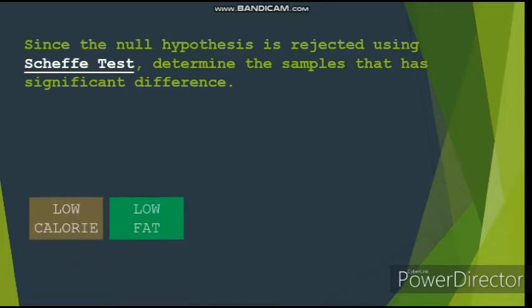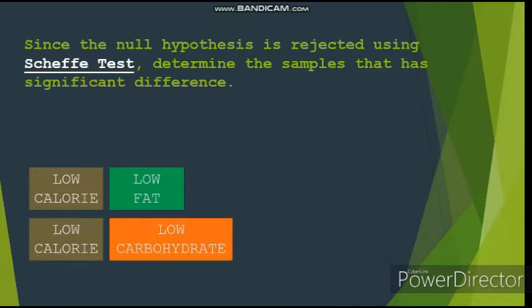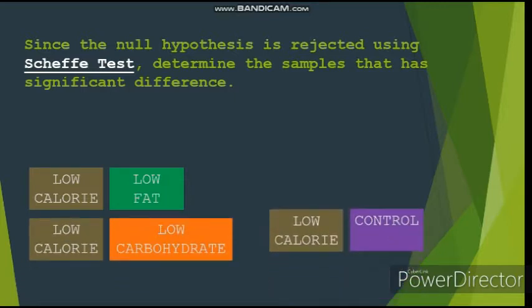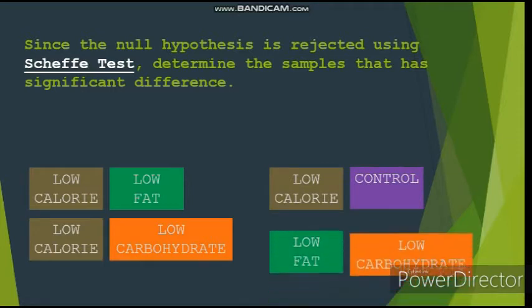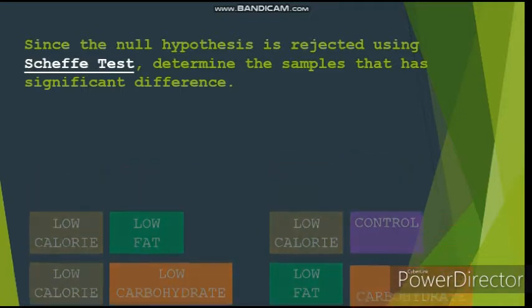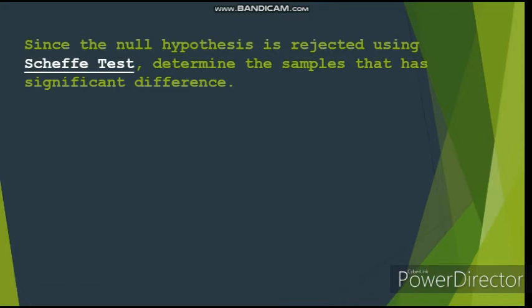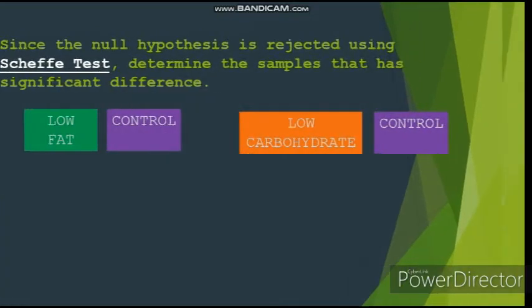Next pairs, we have low calorie versus low fat, low calorie versus low carbohydrate, low calorie versus control, and low fat versus low carbohydrate, and low fat versus control group, and we have low carbohydrate versus control group.